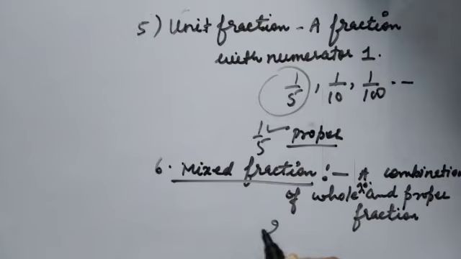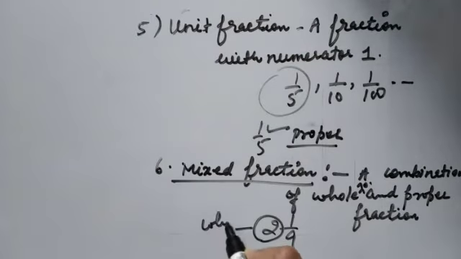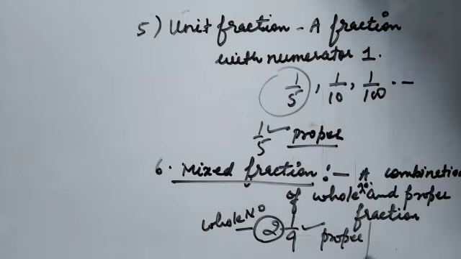For example, 2 1 by 9. Here 2 is whole number and 1 by 9 is proper. Another example, 6 2 by 9. So 6 is whole number, 2 by 9 is proper fraction.